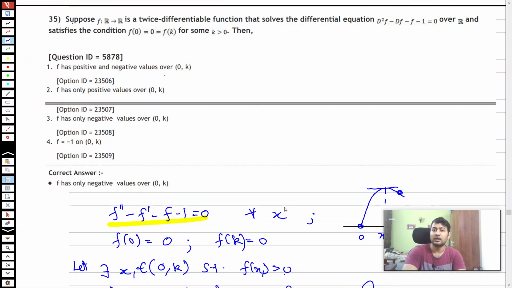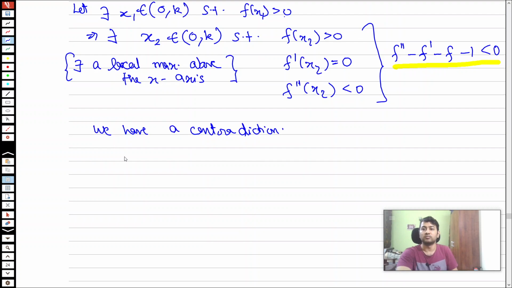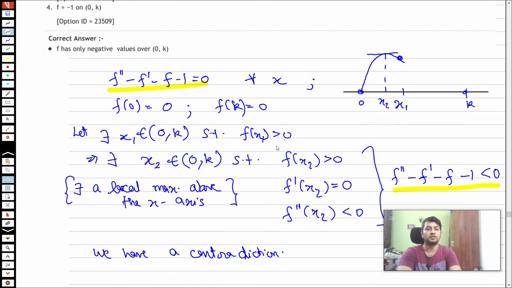Now let's look at negative values. If f takes negative values, then the function would look something like this.